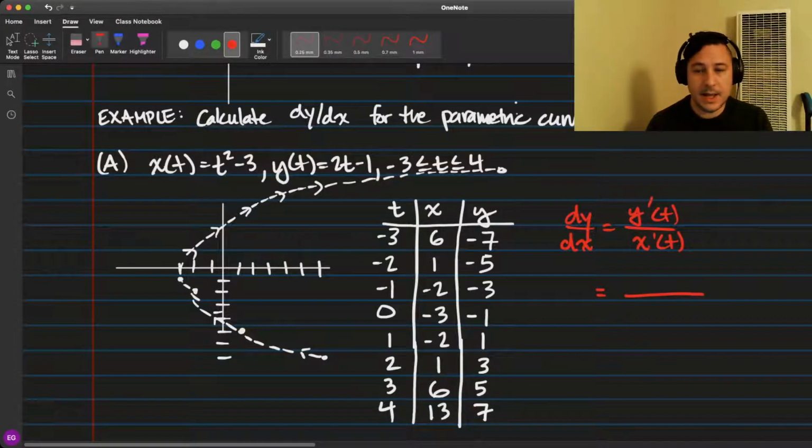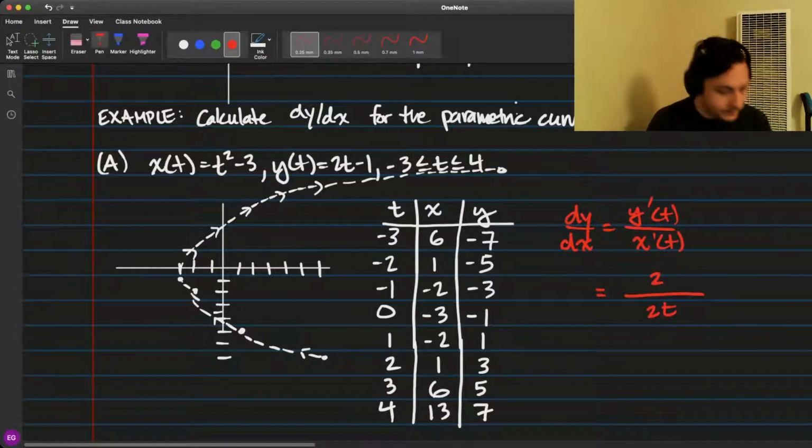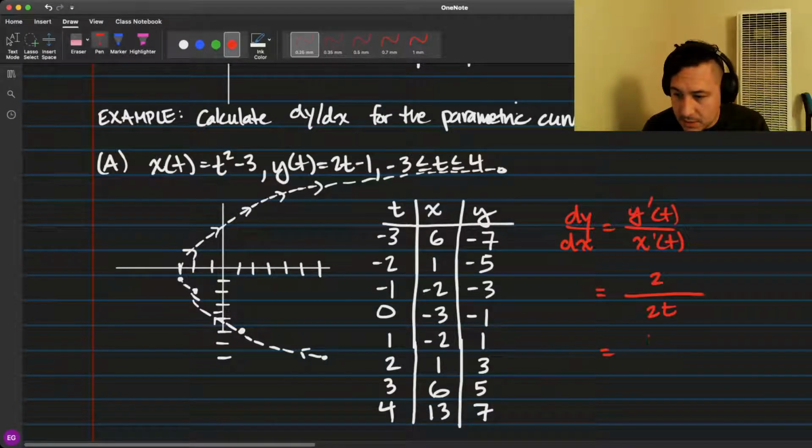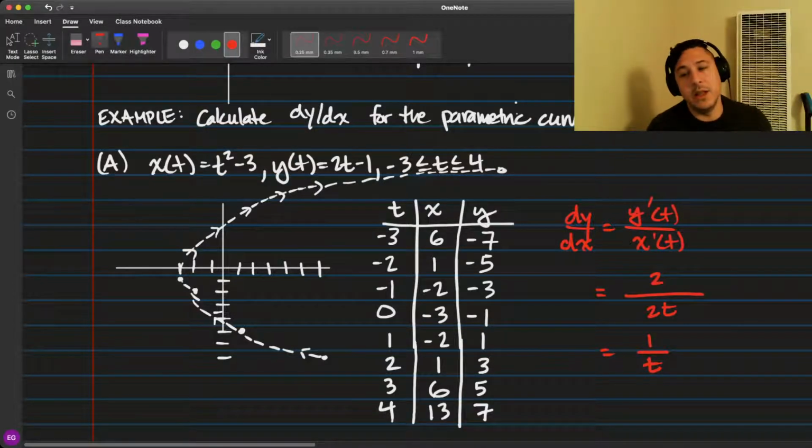Looking at the derivative of y, you get 2. And looking at the derivative of x, you get 2t. Which means that it simplifies to 1 over t. Okay, now notice, this is a little annoying.